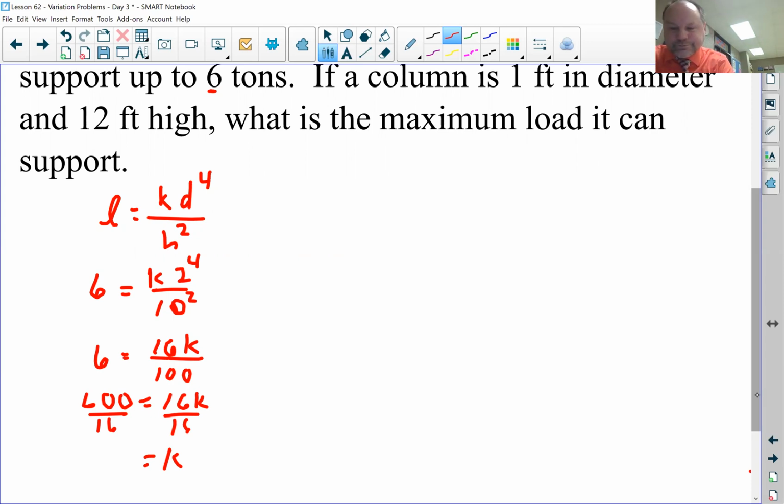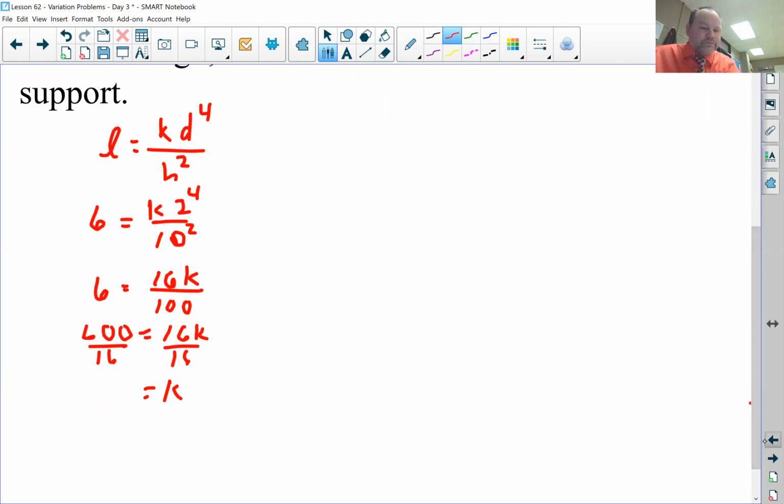Go ahead and divide this out. So K would be 37.5.